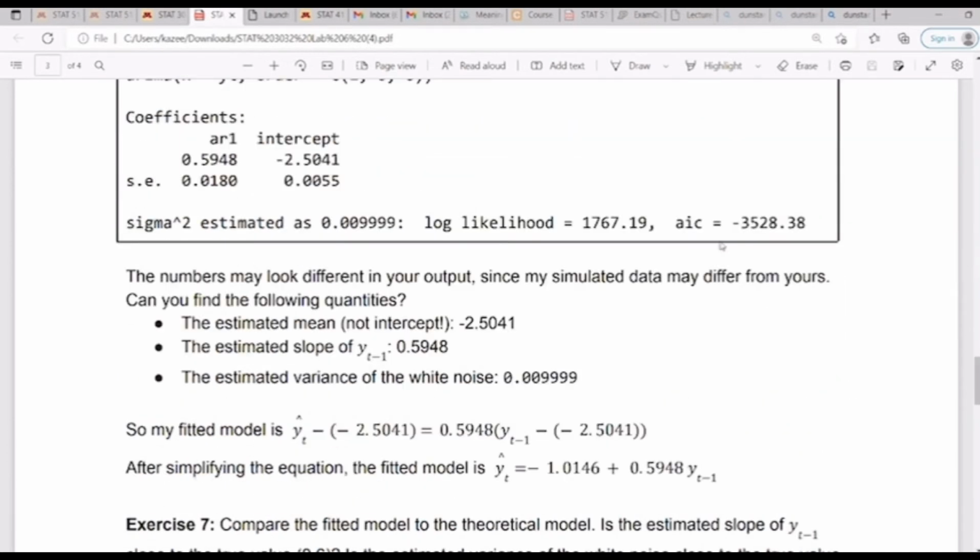Okay, now you want to write the model out. I said it's going to be y cap minus mu cap equals C1 cap into y(t minus 1) minus mu cap, right?